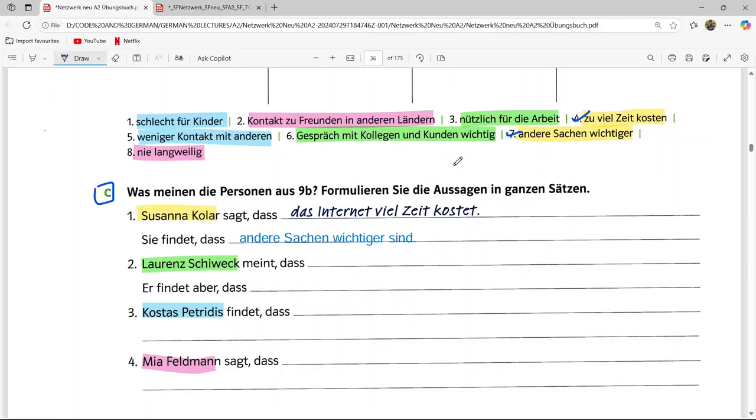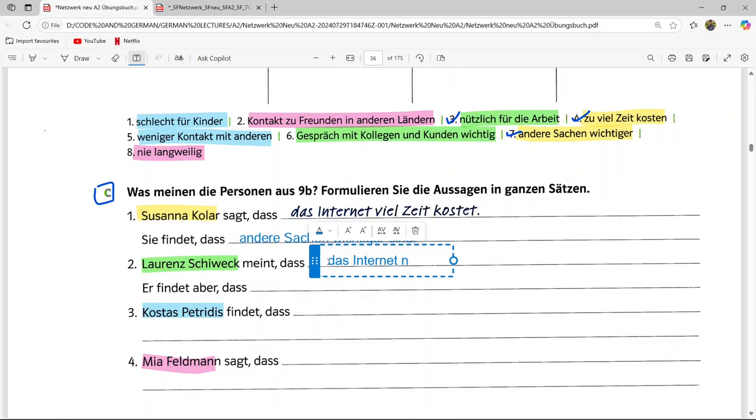And now next person, Lawrence. Lawrence's first one is nützlich for the Arbeit. Okay, so let us write. Lawrence Schick gives opinion that das Internet is useful for the work.